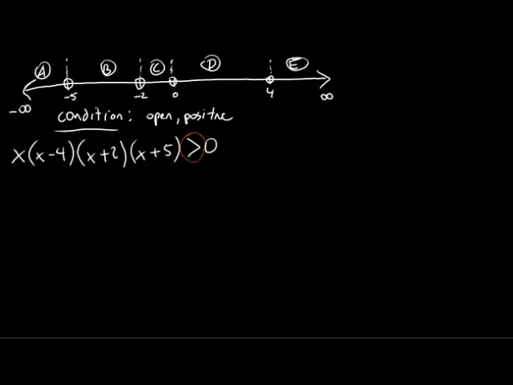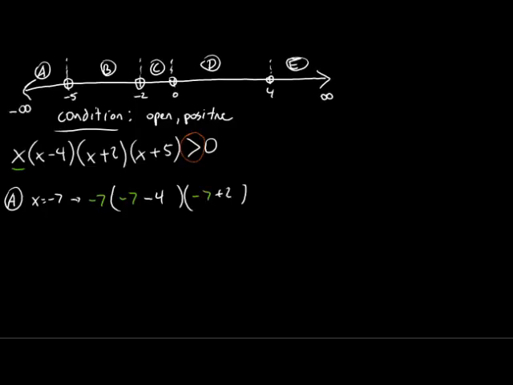We'll begin with region A, and we'll pick an x that's to the left of negative 5. Let's try x equals negative 7. If we plug in negative 7, we'll have an x on the outside first. Then we'll have x minus 4, so that is negative 7 minus 4. Then we'll have negative 7 plus 2.